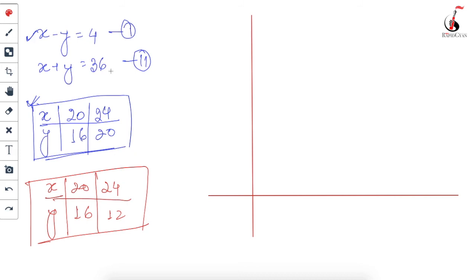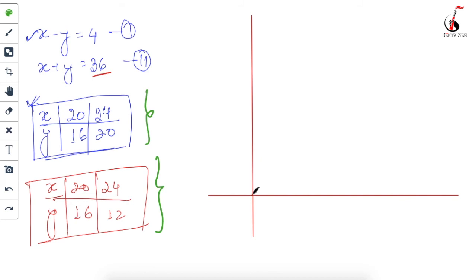Because here you can see it's 36, and it's hard to draw from 0 to 36 one by one. It's going to be time consuming. So I have taken the numbers in such a way that all of them are multiples of 4. You can see 20, 16, 24, 20, 12, all are multiples of 4.